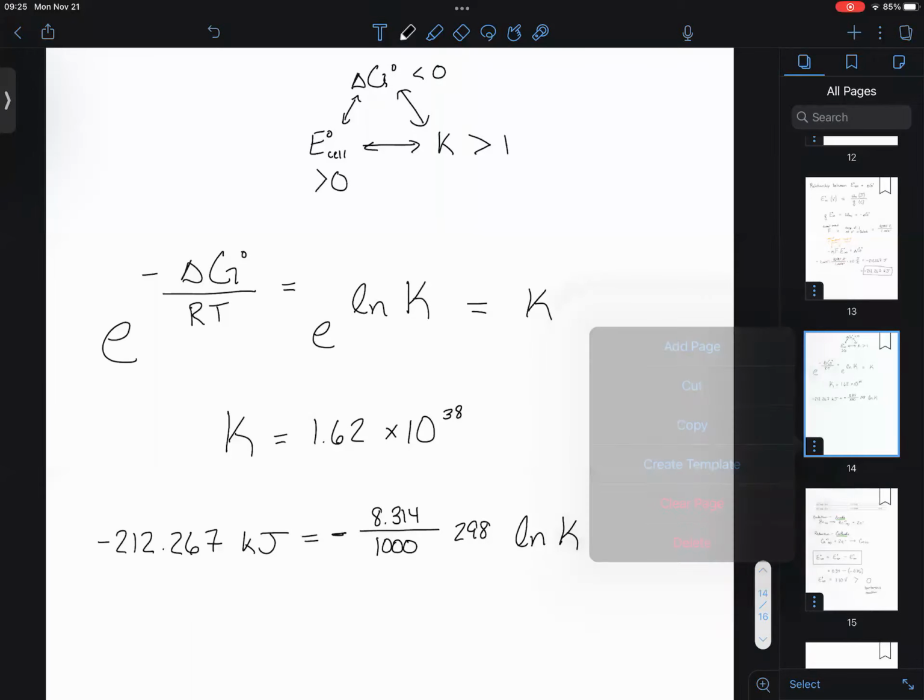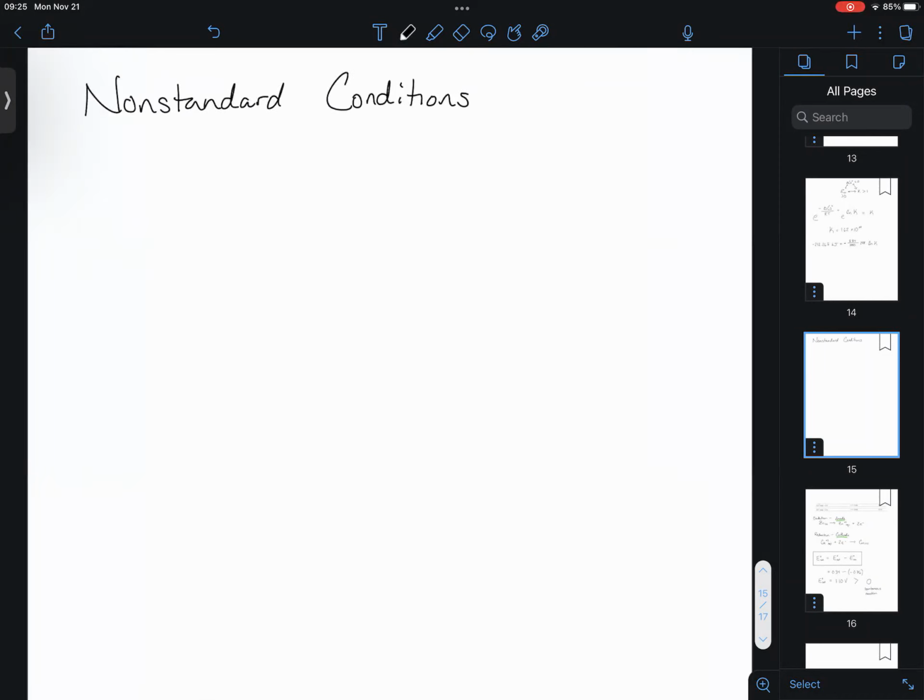All right, and then lastly, we're going to cover what happens if we have a battery at non-standard conditions. All right, so if we remember, we had said that standard conditions meant that we were talking about, well, first what we learned was our delta G naught.